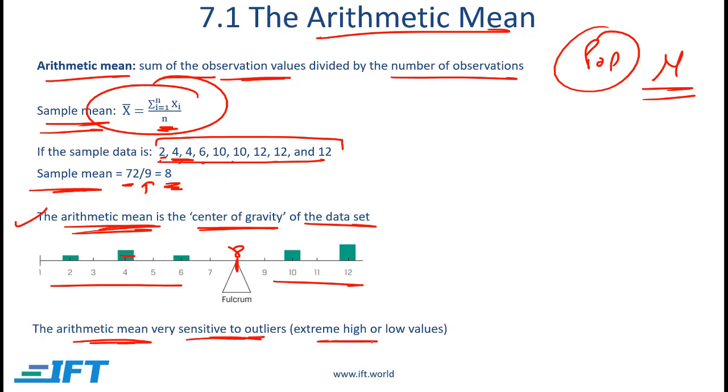Outliers are extremely high or extremely low values. For example, let's say that to this data set we add another value of 89. So if 89 is added, that will move the arithmetic mean to the right.